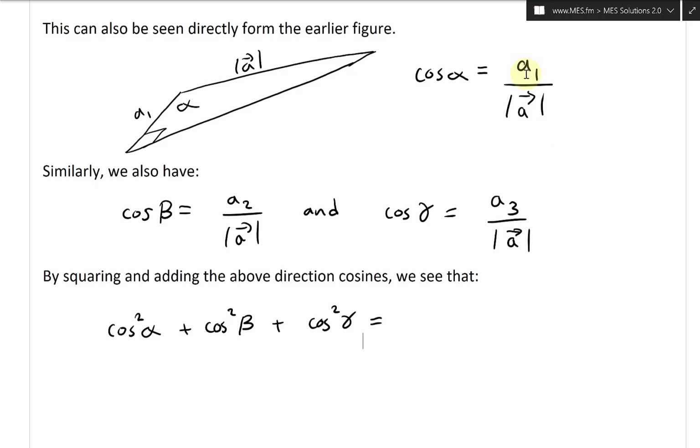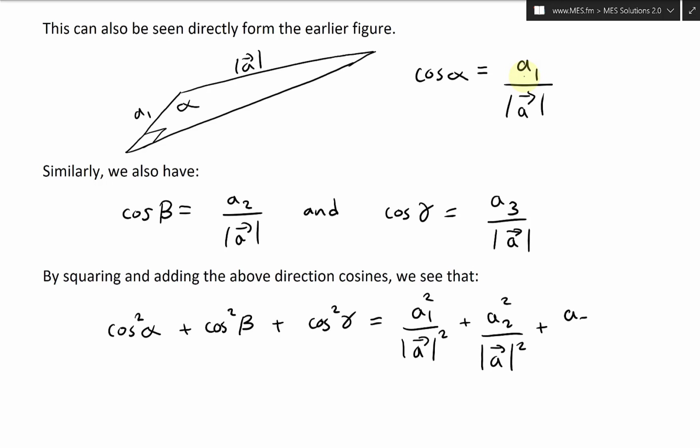So this just equals 1 over the length a, squared, times a1 squared plus a2 squared plus a3 squared, like that.